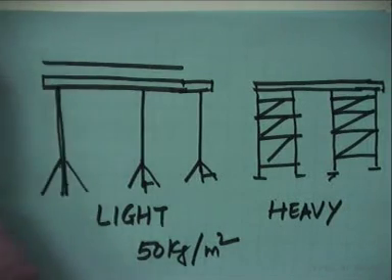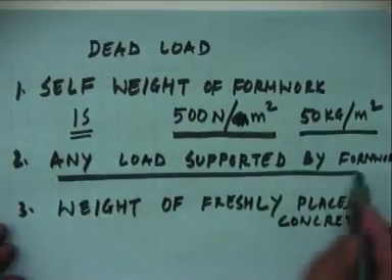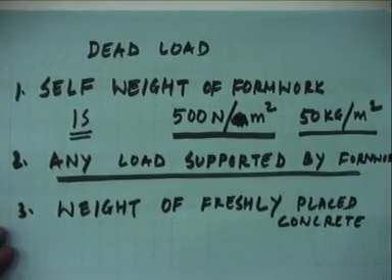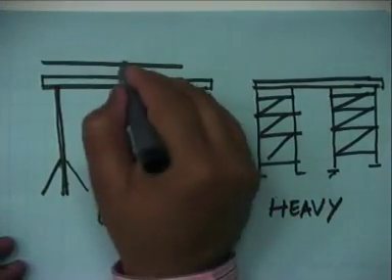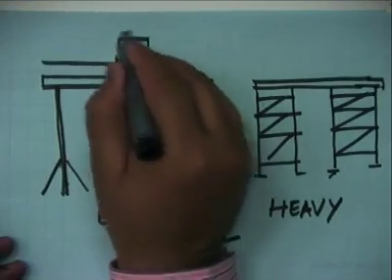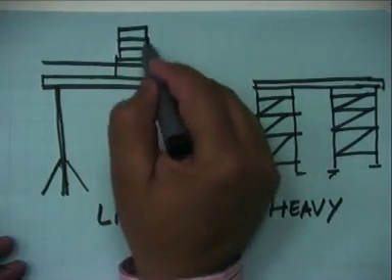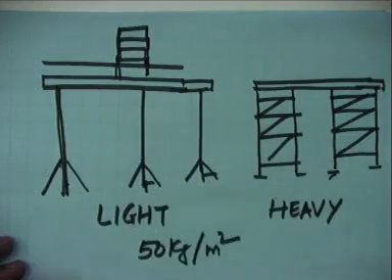Okay. Now coming to the second dead load category, it says any load supported by formwork. Now suppose on this formwork itself, you have certain brickwork. Now this brickwork load is also being absorbed by this formwork.